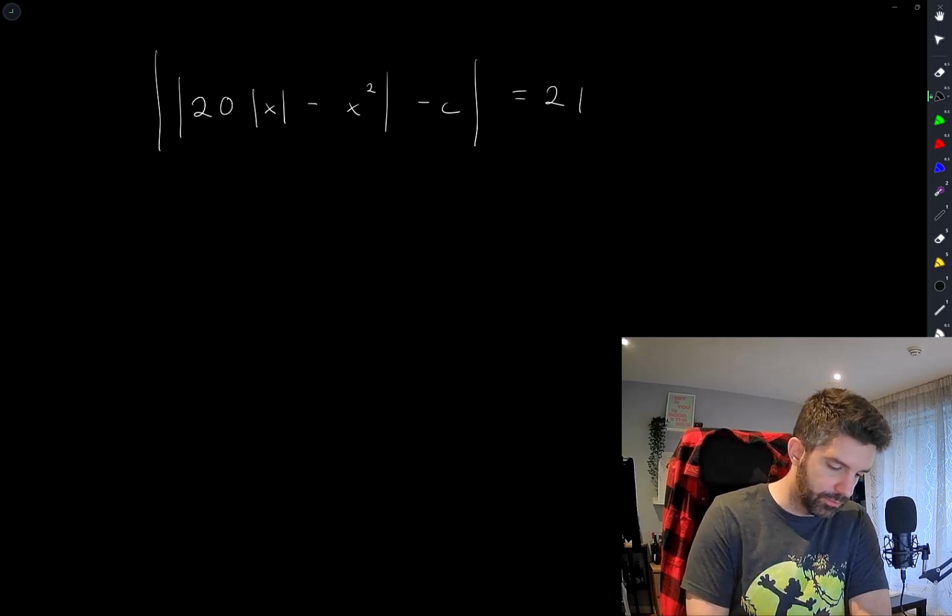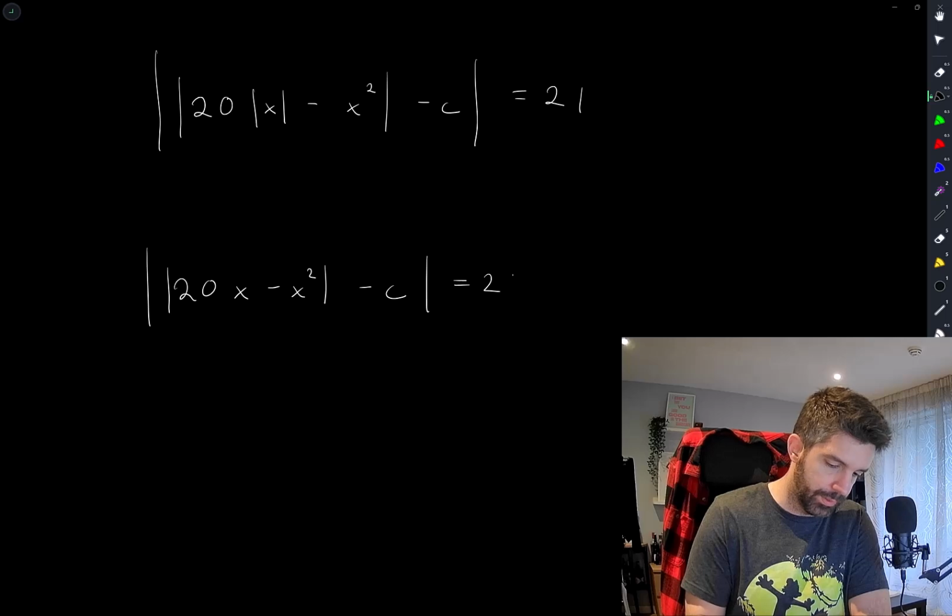I'm going to rewrite this as the absolute value of 20x minus x squared, minus c in absolute value, is equal to 21.